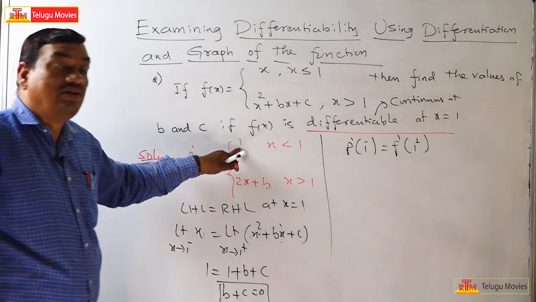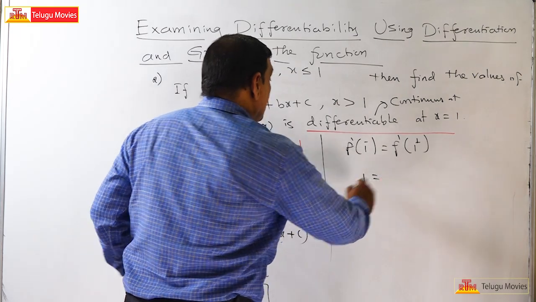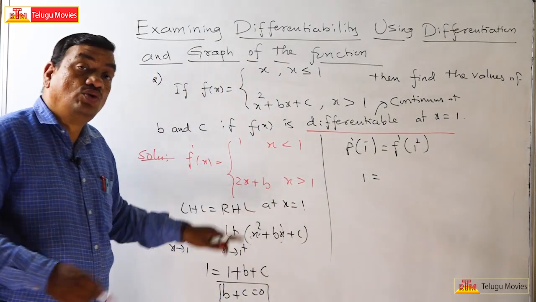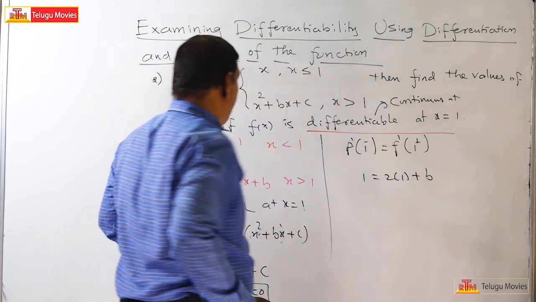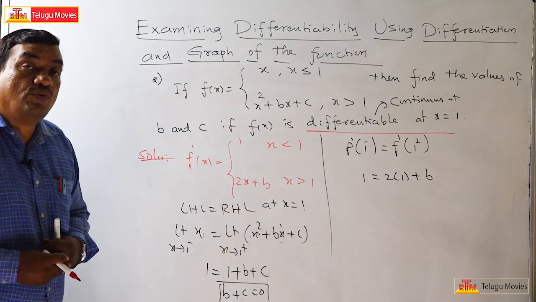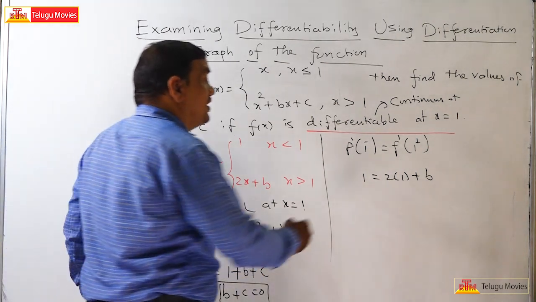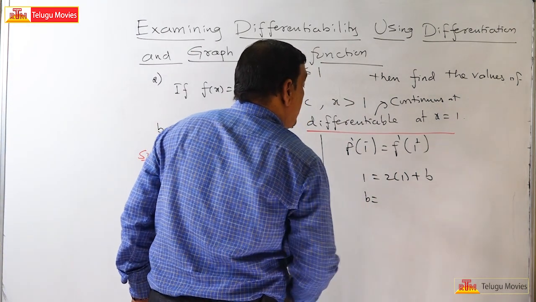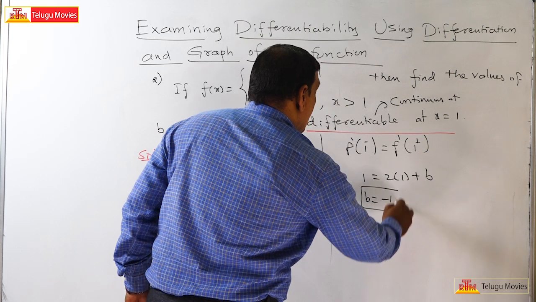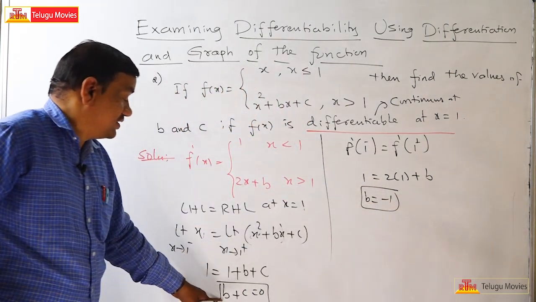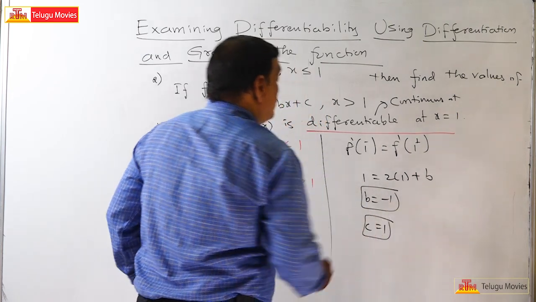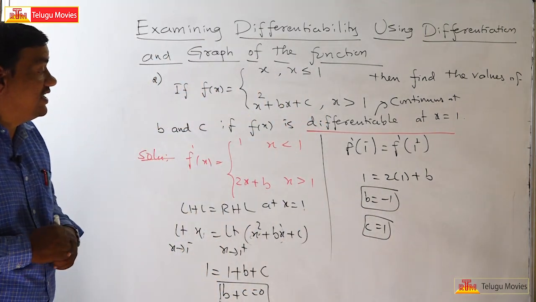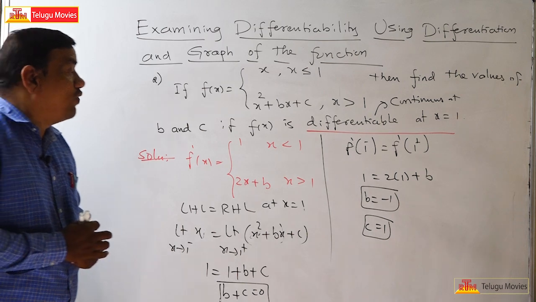The left hand side derivative is 1. The right hand side derivative is 2x plus b, that means 2 into 1 plus b, at x is equal to 1. So here b is equal to minus 1. Substitute here, c is equal to 1. Understand? So b is equal to minus 1, c is equal to 1. These are the two values.